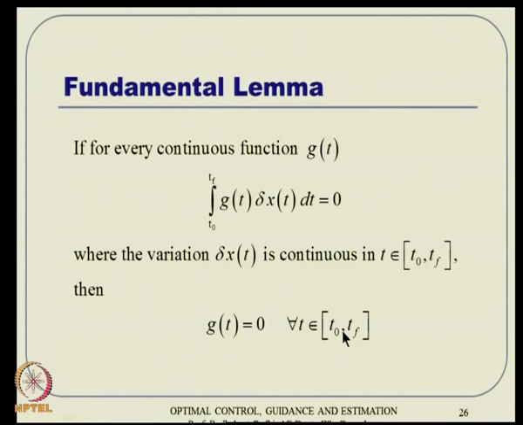Then there was a fundamental lemma, based on which we derive a lot of necessary conditions. It says that if this integral is valid for every continuous variation over the time interval t0 to tf, then g of t has to be identically 0 throughout the interval, and we gave a small proof for that as well.